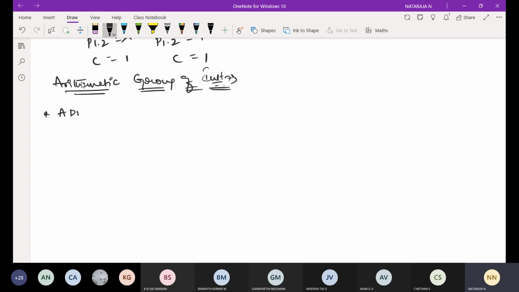ADD A, source. We'll take the syntax: ADD A, operand, and the function is addition.